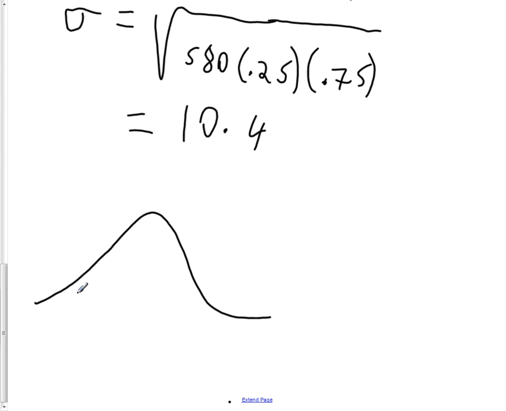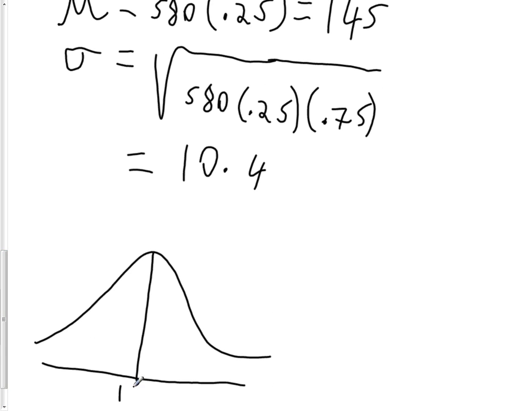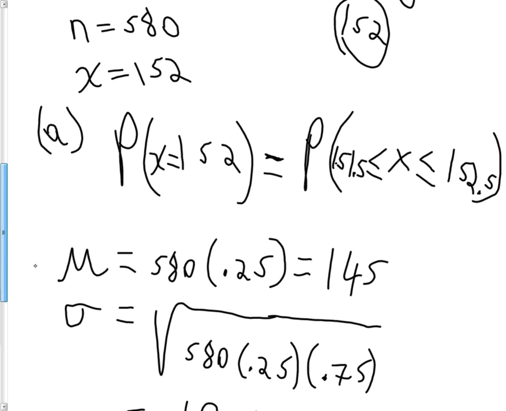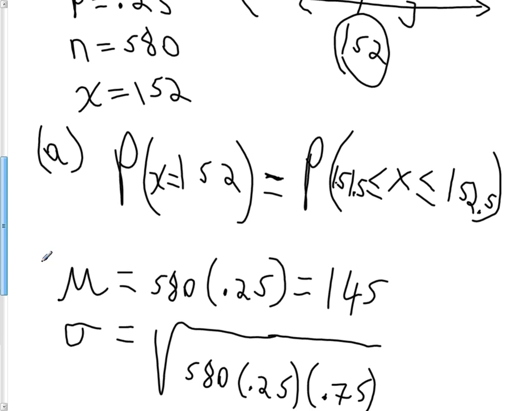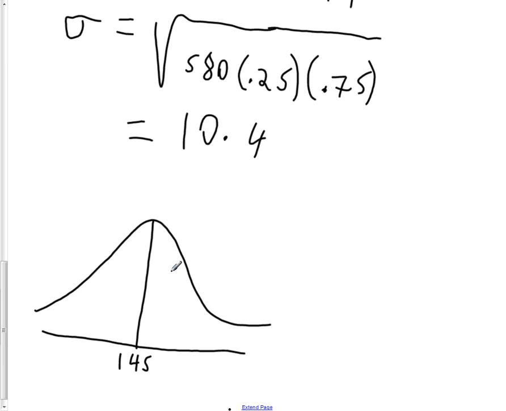We have here a bell curve with a mean of 145, and the values of x are 151.5 and 152.5.